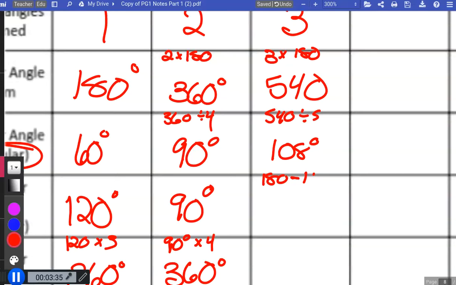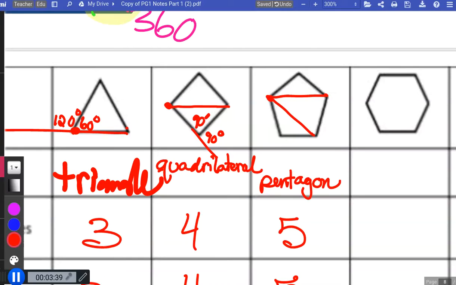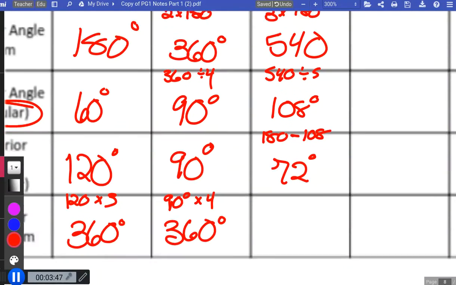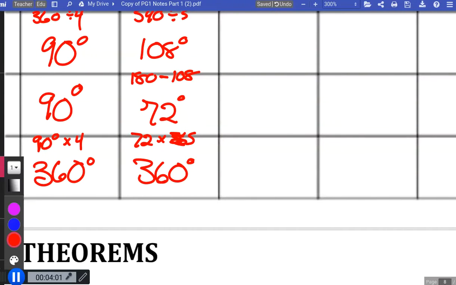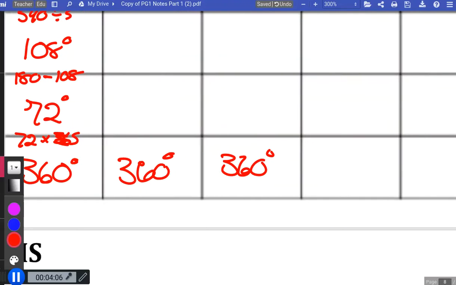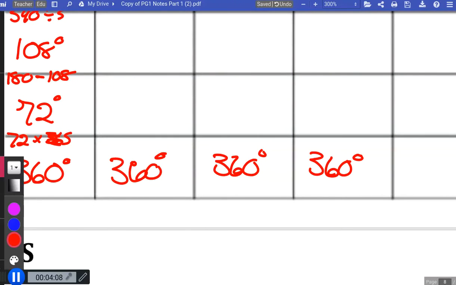The supplement of that is going to be 72 degrees. So if I do an exterior angle right here, it's going to be 72. And then there's 5 of those, because it's a 5-sided figure, is 360 degrees. Now, I think you've seen a pattern down here. The exterior angle sum is always 360 degrees, no matter how many sides it has.